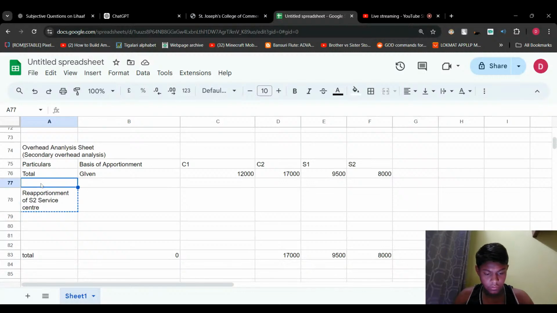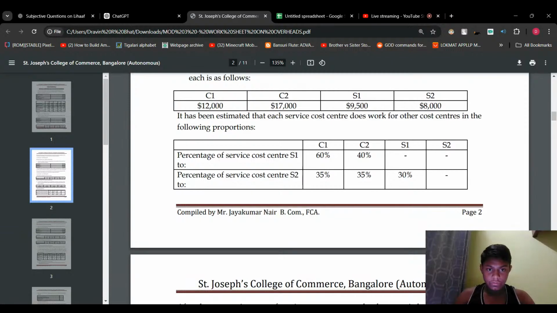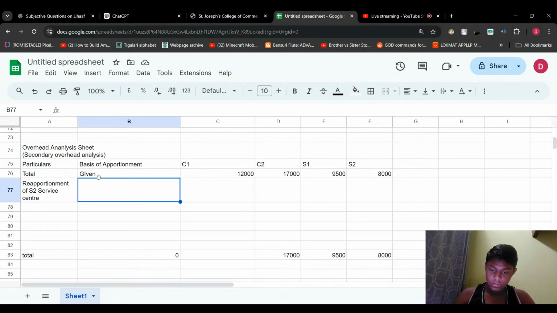The reason why we are doing this apportionment is the percentage of services of S2 to others is 35, 35, and 30.